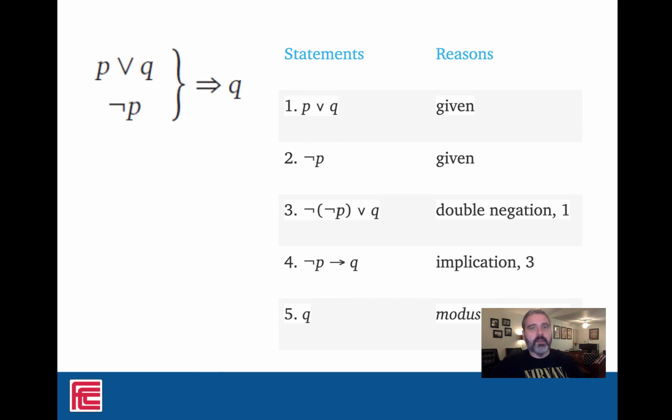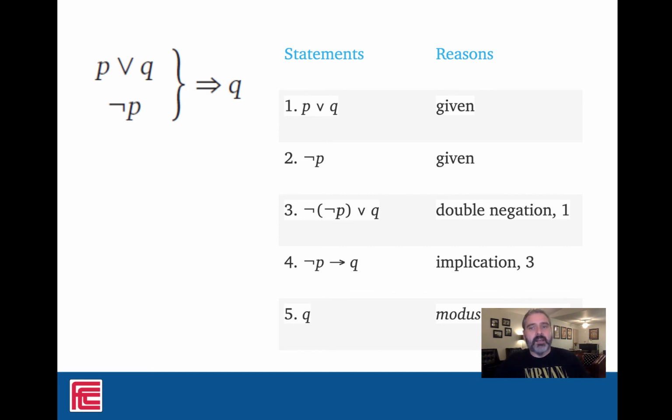Not of not P or Q is the exact same thing as saying P or Q. Then we can do an implication on 3 in order to get not P implies Q. Because when you have the not of something or something else, that's the same as saying that something implies the other. Well, in this case, because we did the double negation, we got rid of one of the negations through implication, but kept the second one. So now we've got not P implies Q.